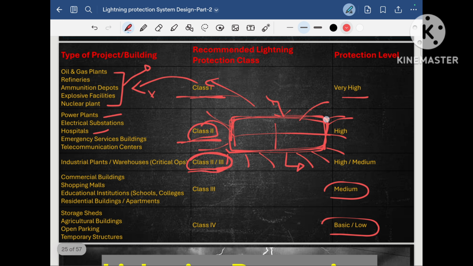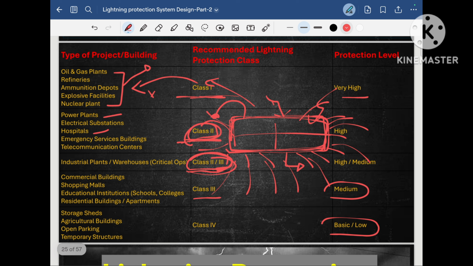But as my project is surrounded by other worker accommodations, and any lightning strike could lead to a fire, it will affect the other buildings in the immediate environment also. So we can choose class 2 protection or class 3 protection, but to be on the safer side we will choose class 2 protection. What is class 3 protection?